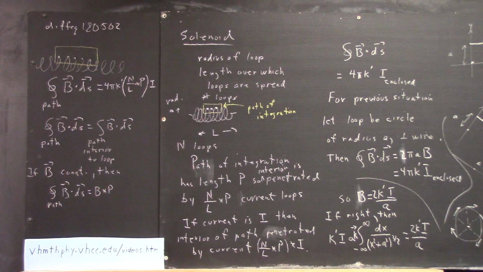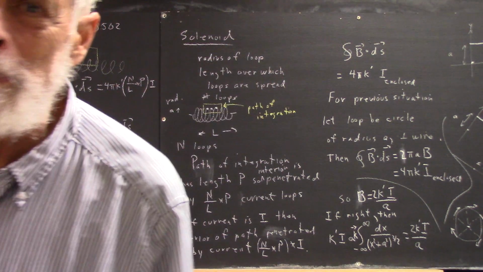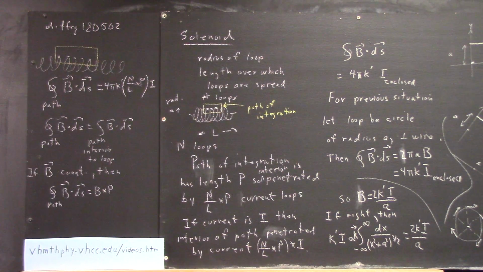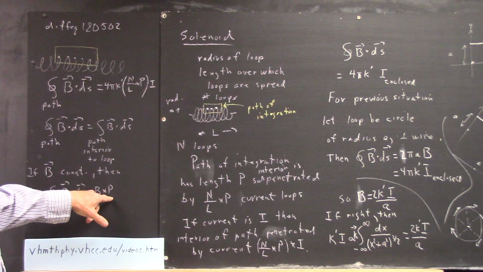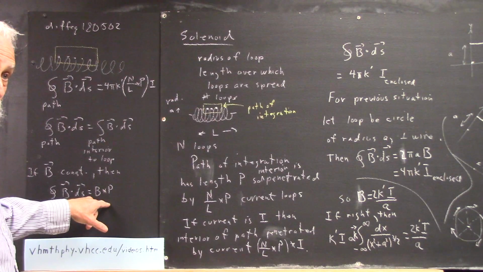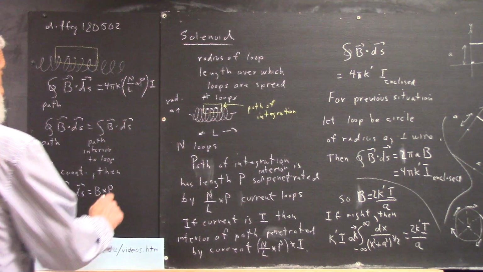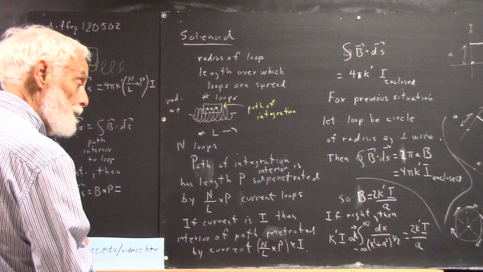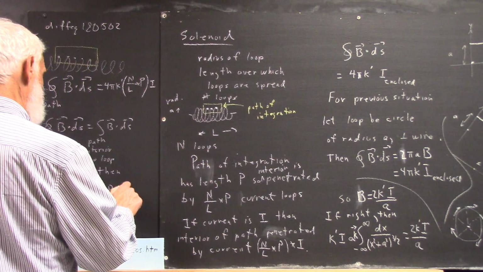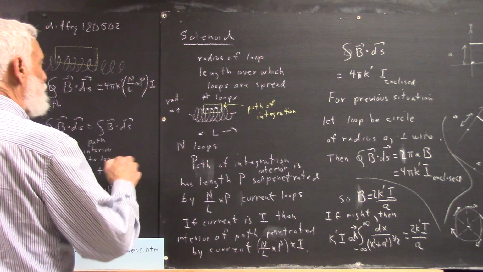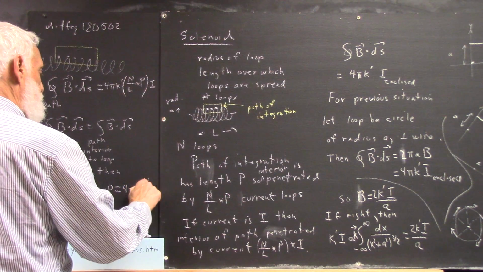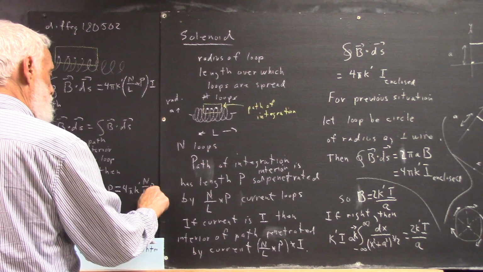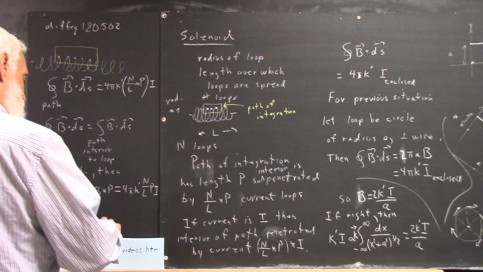Anyhow, so what you end up with, and I've been digressing, but I didn't run out of time, is that this path integral is B times P, which equals this.